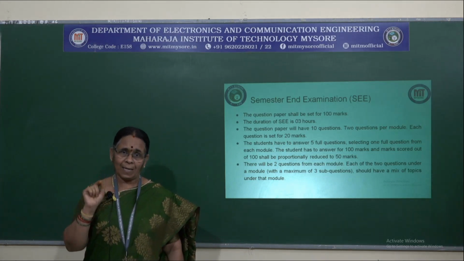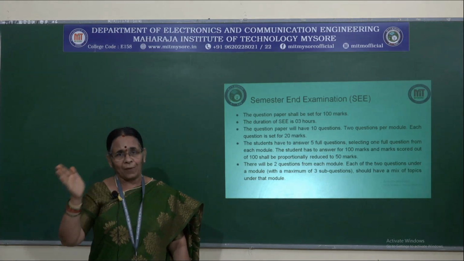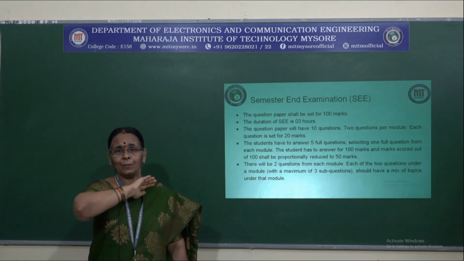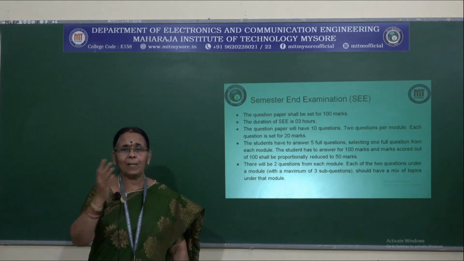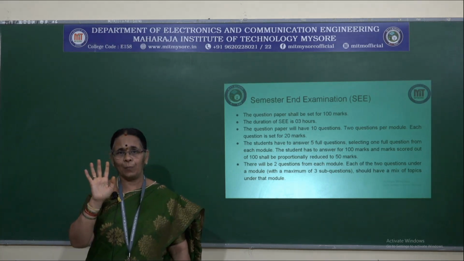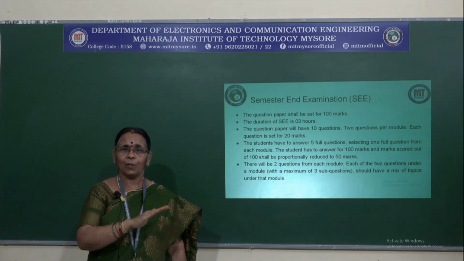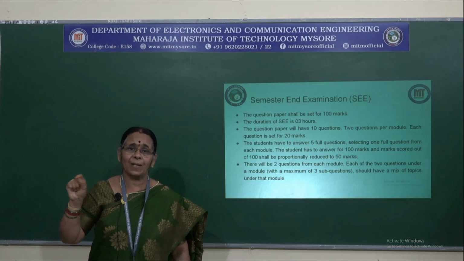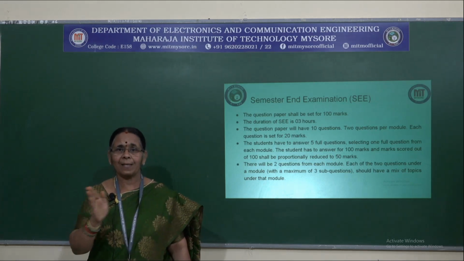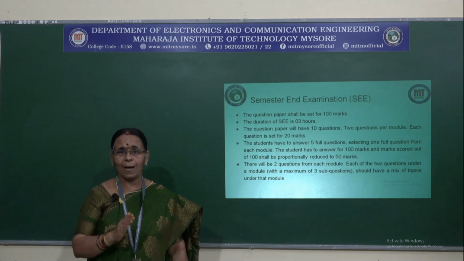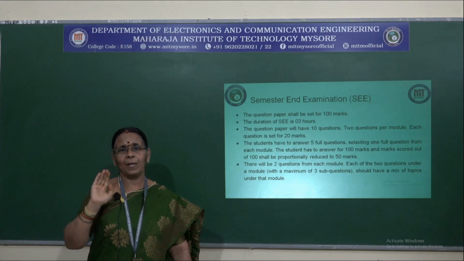Though it is 35 marks, or 18, to clear the paper in the final examination, to go to the next semester, it should be 20 plus 20, or 22 plus 18, or 25 plus 18, anything it would be. But you should score a total of 40% from both CIE and SEE, with the minimum for the final examination being 18. If it is 30 in the internal and 10 in the external, again you are failed. So you should have scored 18 in the final examination, and 25 or 30 in internal, then it should be a pass.